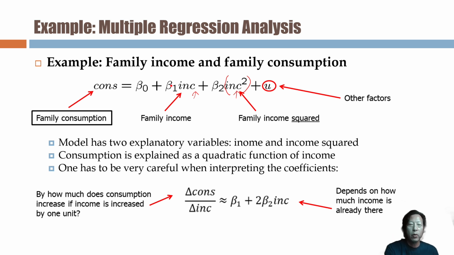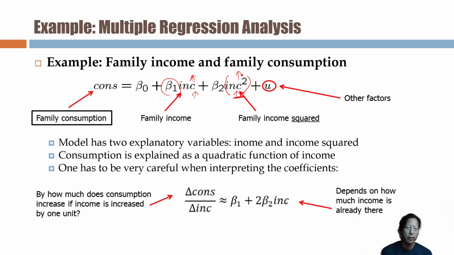So here beta 1 is, if we hold income squared the same and only increase income by 1 unit, how much does my consumption increase? But that is impossible, right? Can we hold the income squared the same and increase the income by 1 unit? That's impossible. If you increase 1 unit here, this will increase too.